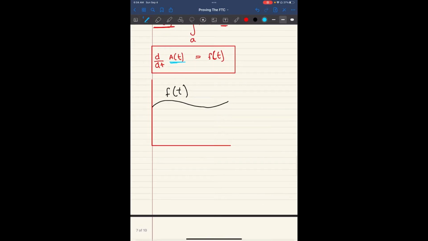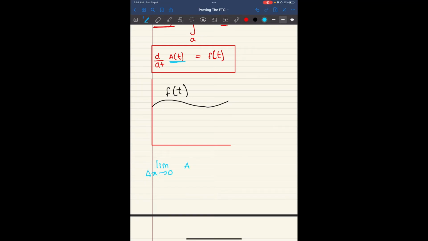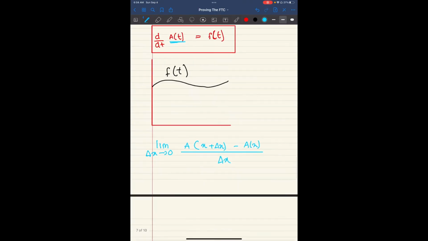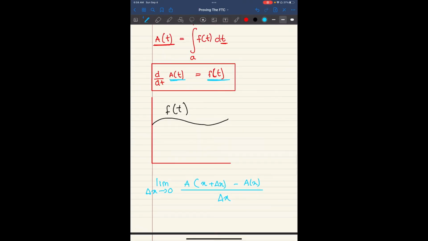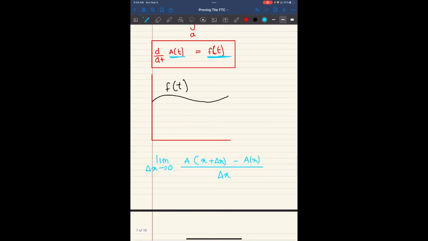The definition of a derivative goes, it's the limit as delta x goes to 0 of a of x plus delta x minus a of x over delta x. So now what we have is an extremely convoluted expression, which we're going to have to simplify if we're going to have a prayer to prove this equation.